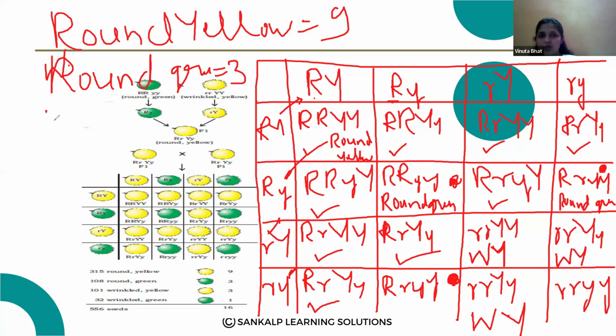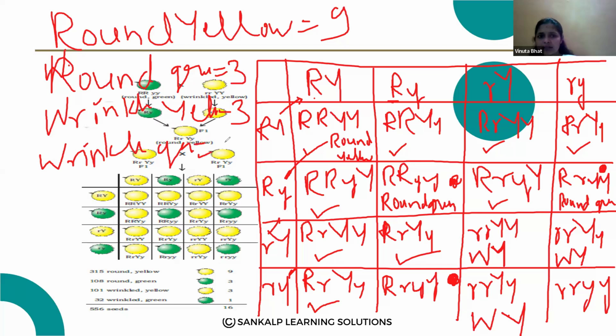Then wrinkled yellow seeds, that is also 3. Then wrinkled green seeds, that is 1.